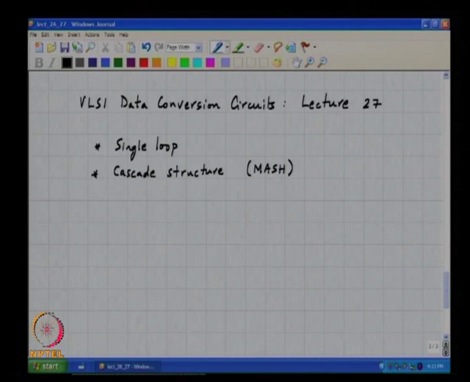So, the first thing we look at is the loop filter. The loop filter, as you know, takes the output of the quantizer as one of its inputs. The input to be digitized is another of its inputs, and it does some processing and gives you an output sequence.